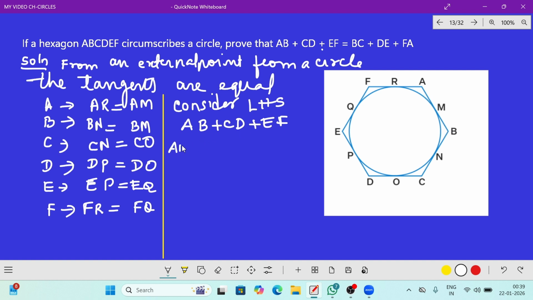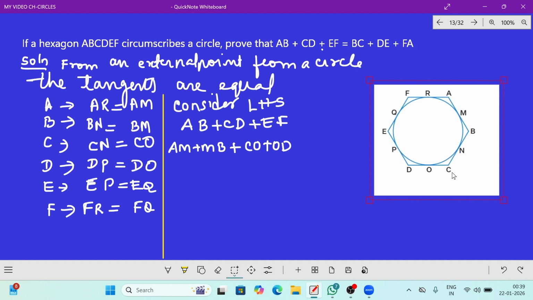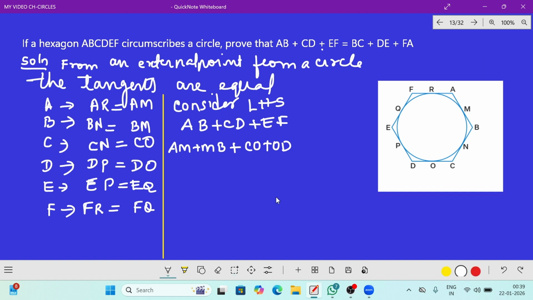So I will write here AM plus MB, plus what is my CD? CD is CO plus OD. Then I have EF. EF is EQ plus QF.